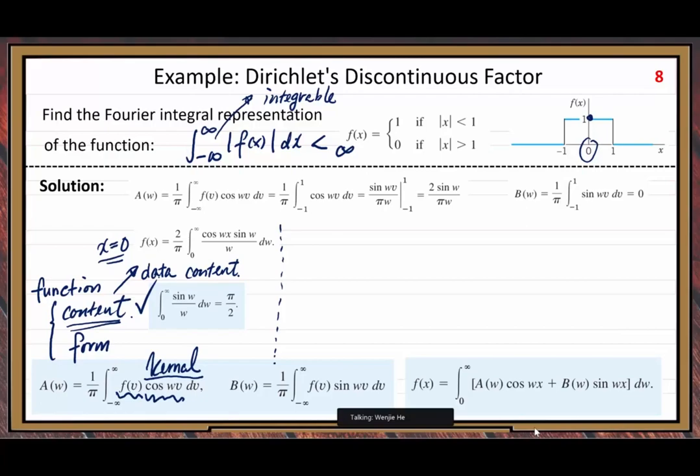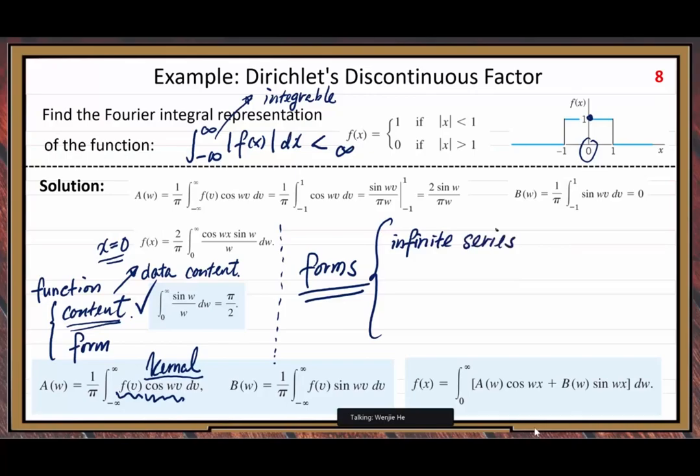So here we want to look at the various forms of function representation. I will give you some summary on the function forms. The first one is the infinite series form.